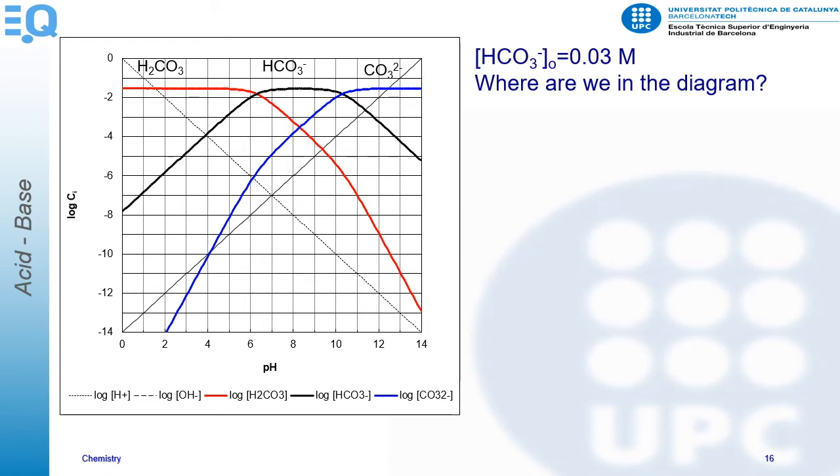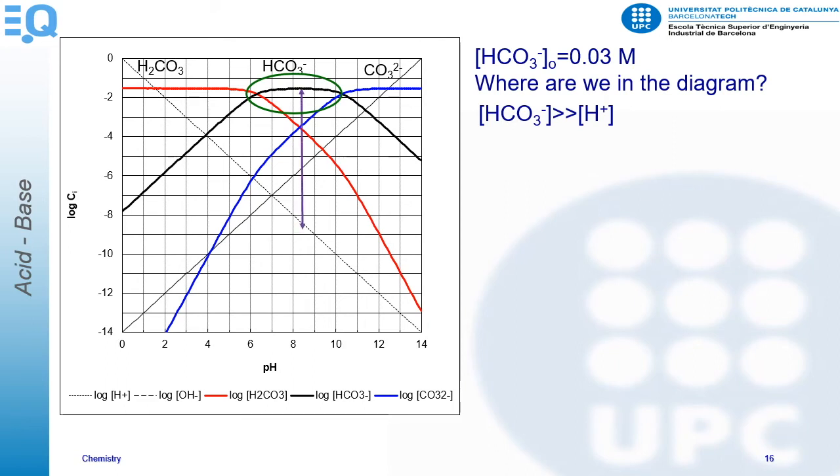Now the question that we have to ask ourselves is, in what part of the diagram do we find ourselves? As the initial substance was sodium hydrogen carbonate salt, the initial concentration is the same as the hydrogen carbonate anion, which means that we are in the central part.